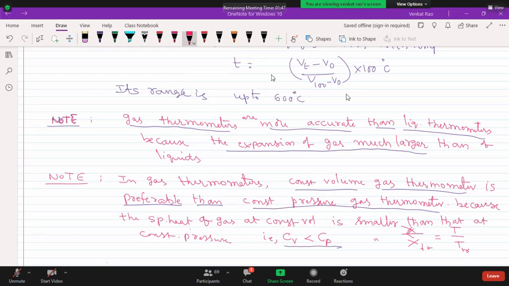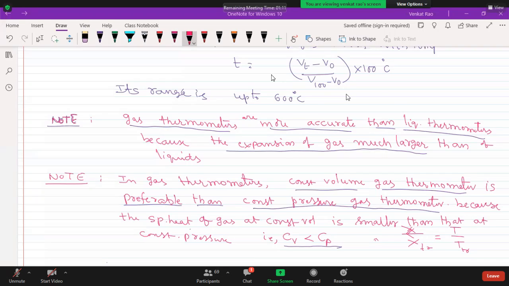So I will discuss that problem in the next class. I will continue with thermal expansion. So what is thermal expansion? Any material, either solid or liquid or gas, when it is heated, the distance between molecules and atoms will increase. Interatomic separation will change. So the variation occurs in length, as length in any direction.